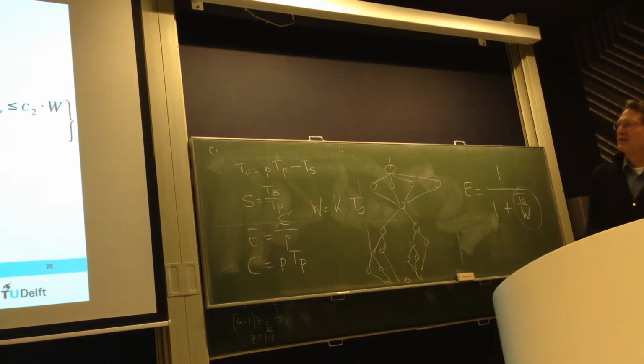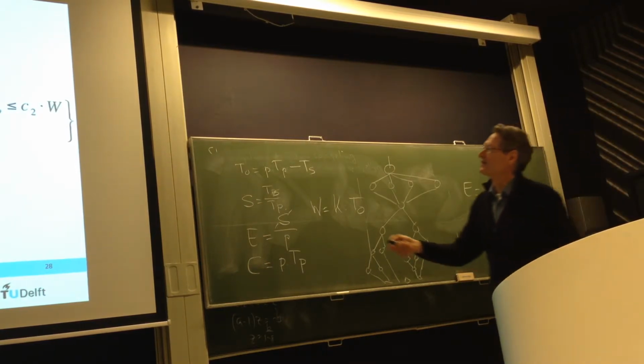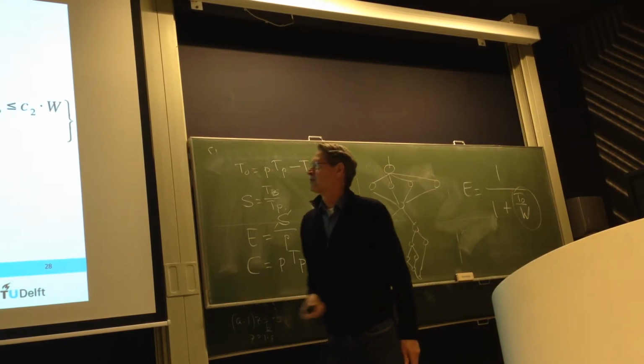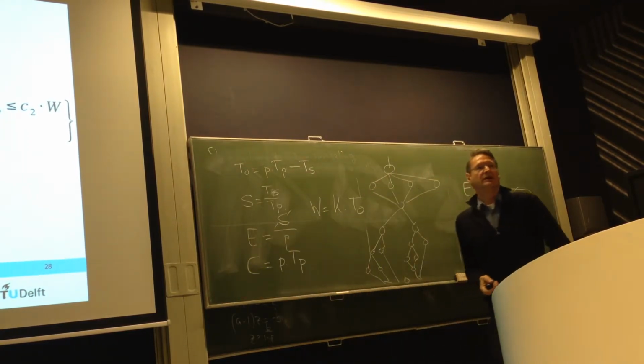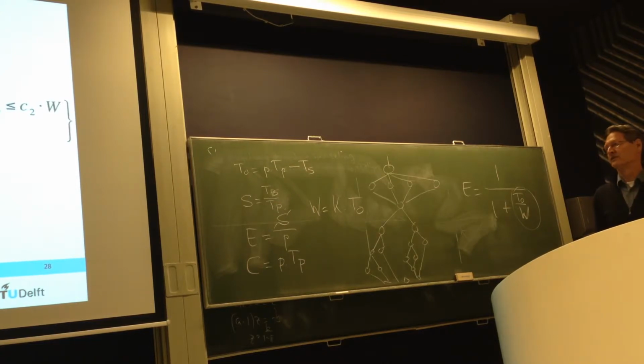So in order to achieve cost optimality and iso-efficiency, we require that the workload is lower bounded by the overhead function. It must always at least grow equal or faster than the overhead function.